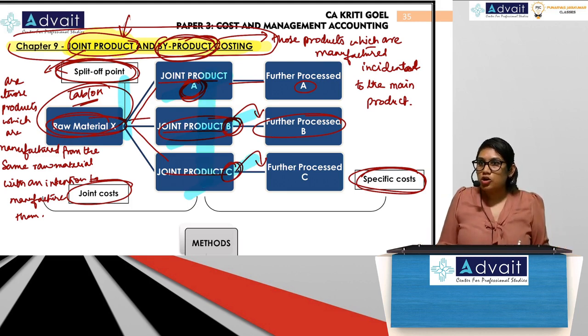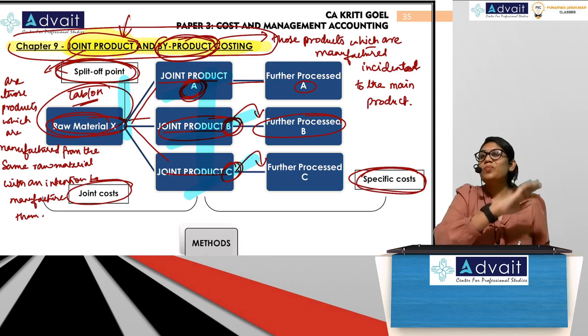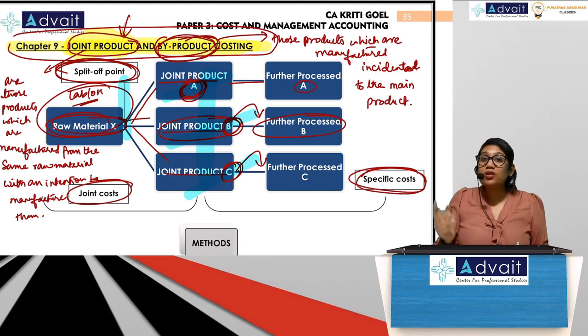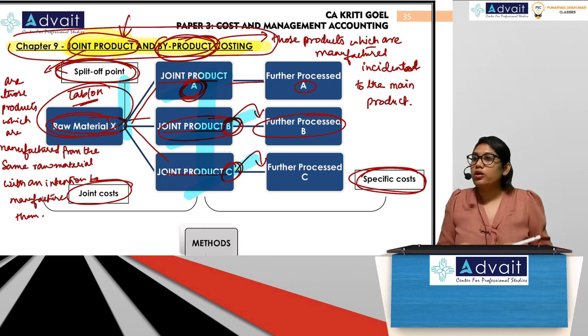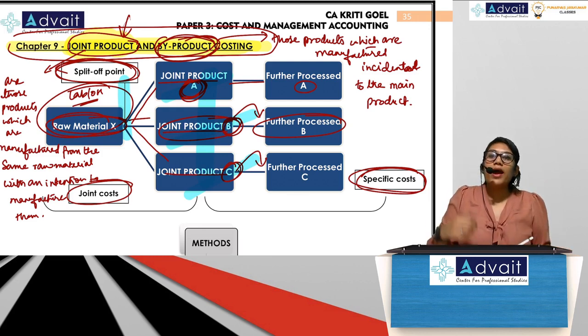So at whatever value they will be sold, that is called market value at split off point. Value they will be sold means selling price. So if they are sold, say, at 2 rupees, 1 rupee, 3 rupees respectively.